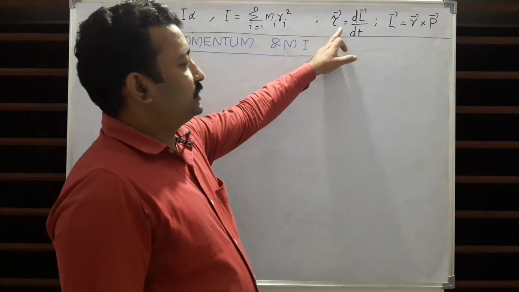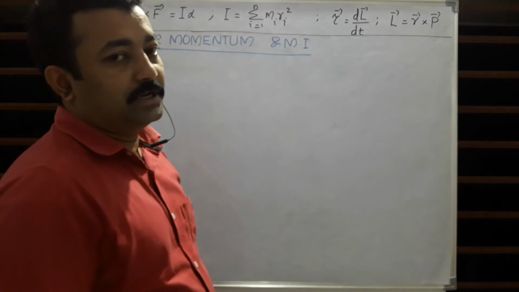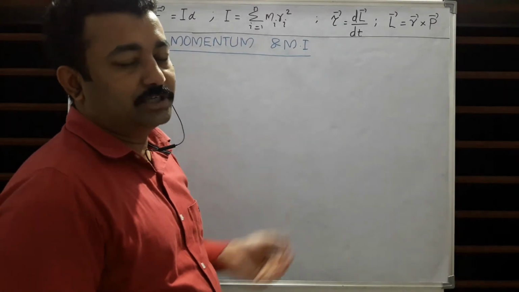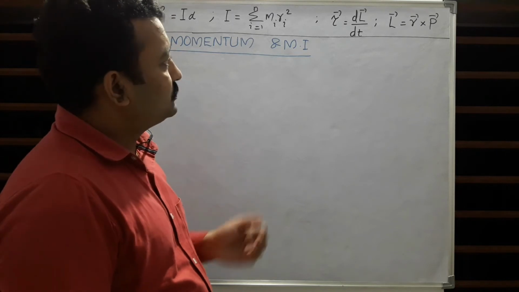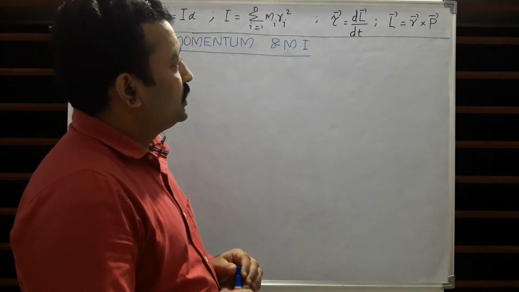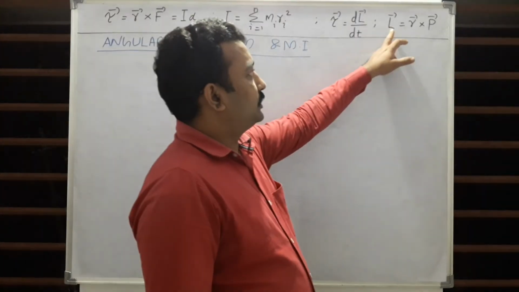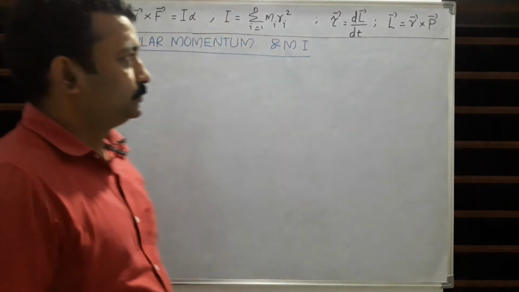And also we have seen the second law of motion in rotation, which is tau is equal to dL divided by dt, similar to F is equal to dp divided by dt. Force is defined as the rate of change of momentum. Similar to that, torque is defined as the rate of change of angular momentum. And also we have seen angular momentum can be expressed as the cross product of r and p.